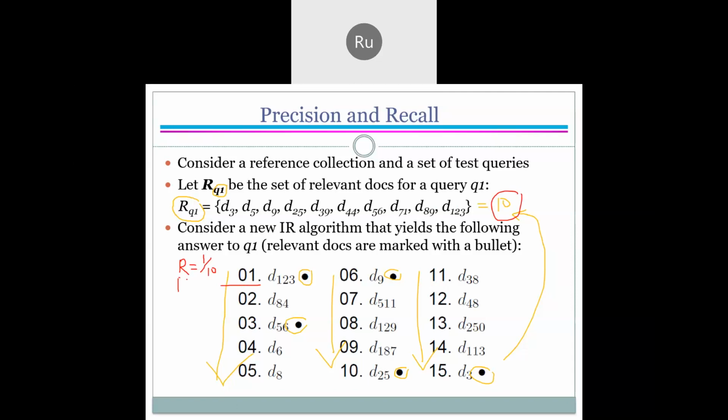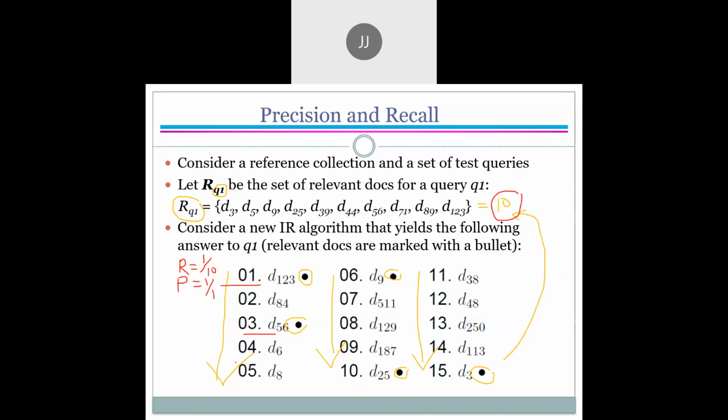And our precision at this point will be 1 over 1, because we only have one document returned. Next, we go to the next one.